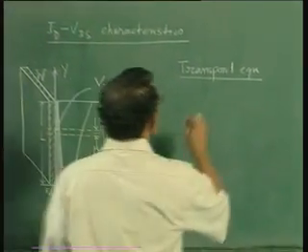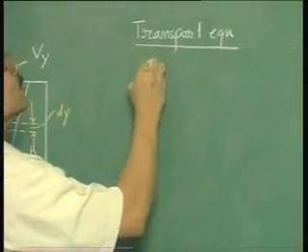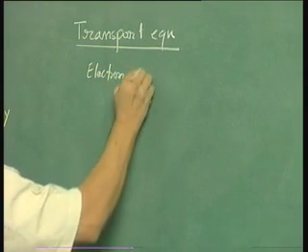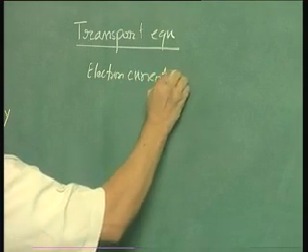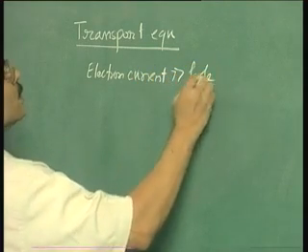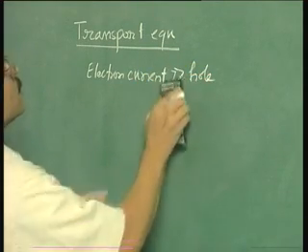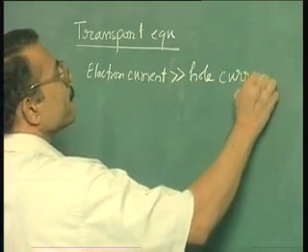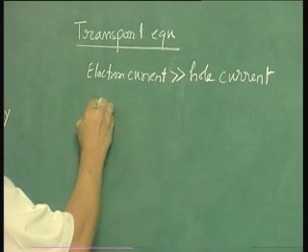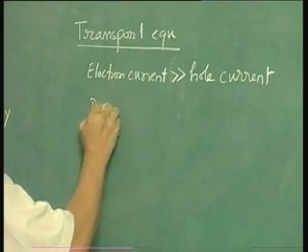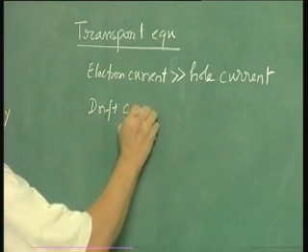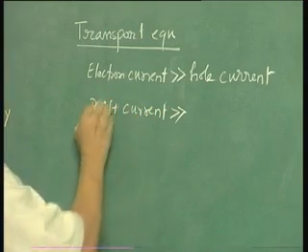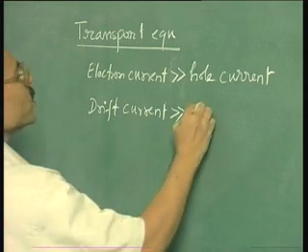So here we will write the transport equation is: electron current much more than hole current, and further, drift current is much more than diffusion current.